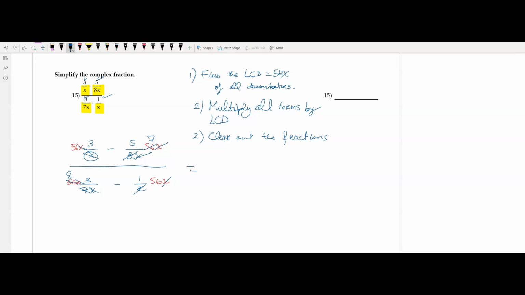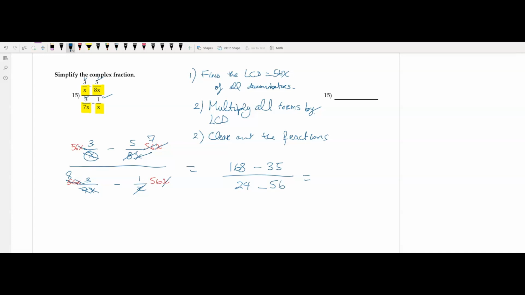So what do I have left? I have the 56 times 3, right? So 168 minus 5 times 7, 35. That's what I have on top. So here I have 8 times 3, 24, minus 1 times 56, 56. Okay? So what do I get here?